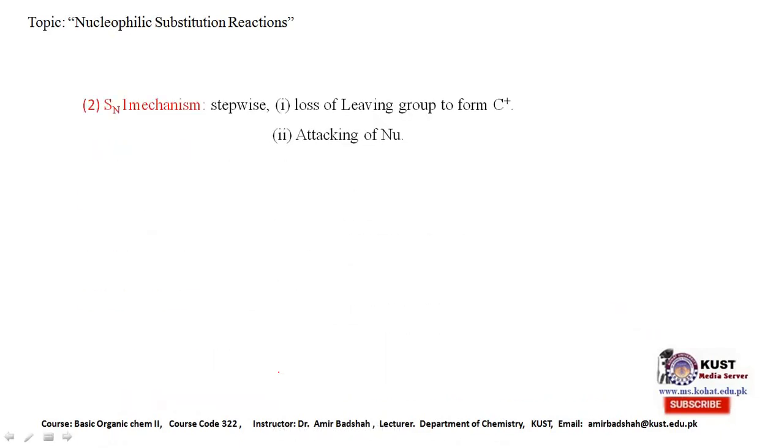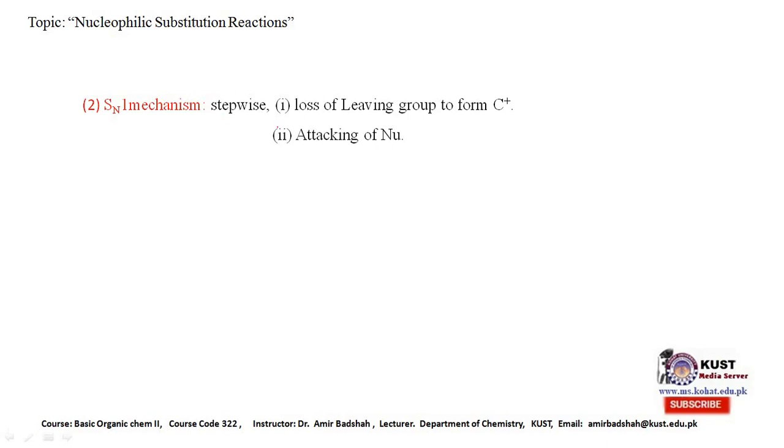Now the mechanism of the reaction may be SN1 or SN2. As we have discussed, the mechanism may be SN2, and there were evidences for that. The second one is the SN1 mechanism. It means that the reaction may take place through a stepwise mechanism. A stepwise mechanism is one which does not involve a single step, but two or more steps.